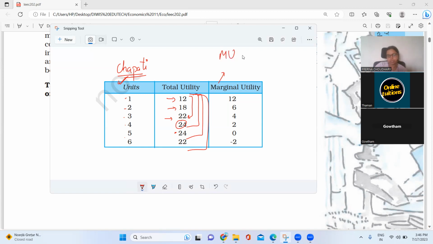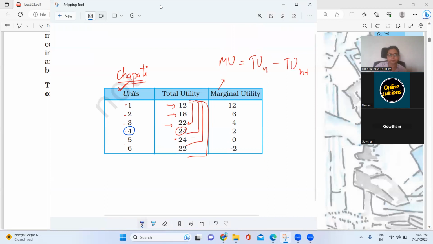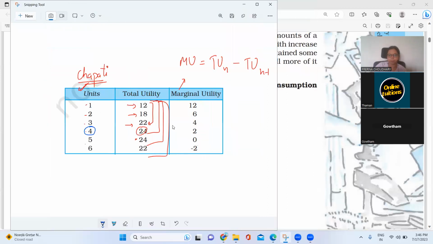Now, I was telling you about marginal utility. Marginal utility means TU(n) minus TU(n minus 1). If I'm asking for the fourth one, so I'm asking MU of the fourth unit.